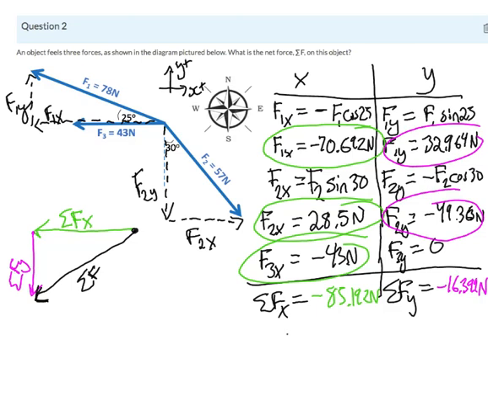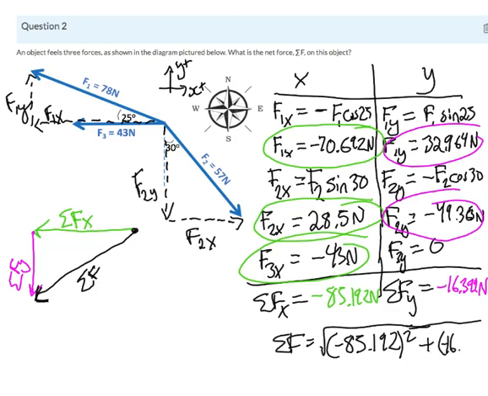So to calculate the net force, I actually can just use Pythagoras' theorem. So I'll do the square root of the negative 85.192 squared. The negative side actually doesn't matter, right, because it's all getting squared. And then the negative 16.399 squared there.